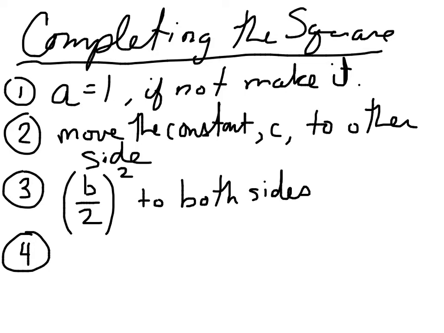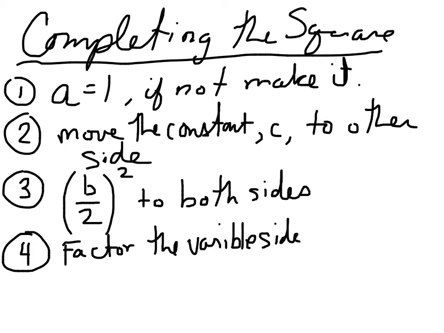Then the fourth step, you already know, because we just did 2 problems like it. The fourth step is going to be factor the variable side and add the number side. What I mean by the number side is that you'll have 2 numbers on the right-hand side, for instance. You just simply add those together, whatever that happens to be.